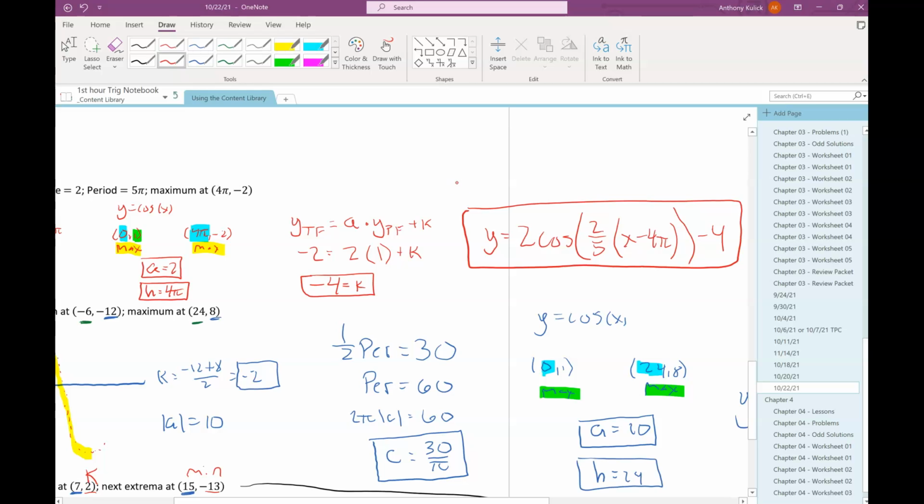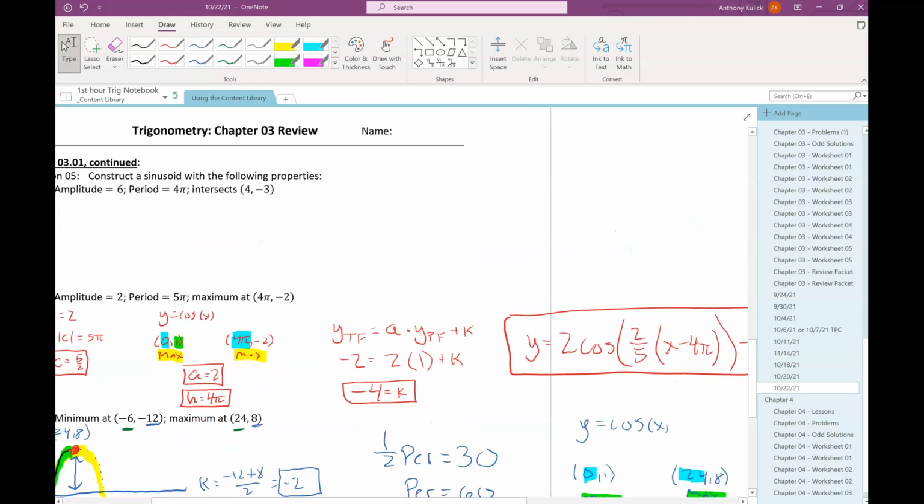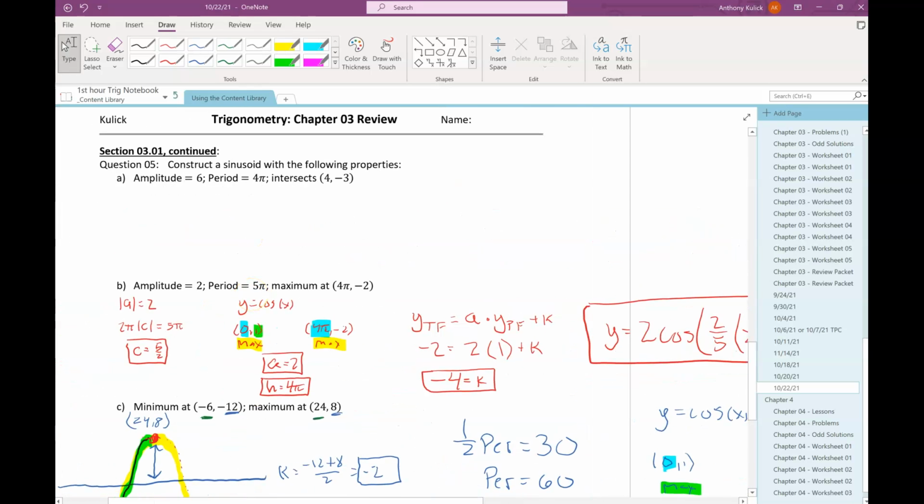Lily? So for that one, if the y was 0, then k would equal the y, right? Yes, which is what you can do in part A if you use sine. In that one, h can just be 4 and k can just be -3, and it's very easy. Here, because we're told the point we're given is a maximum, that is what makes it kind of a pain in the tuchus.